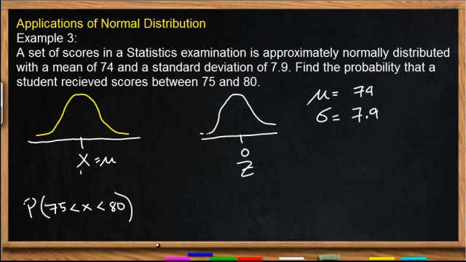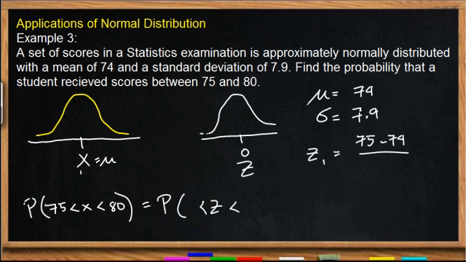So in our table we don't have x, we have z, which means we will convert x into z. What we look for in the table is z, now the variable. So what are the new values? x1 is 75, we convert it to z. z1 is equal to x1, which is 75 minus 74 mu.